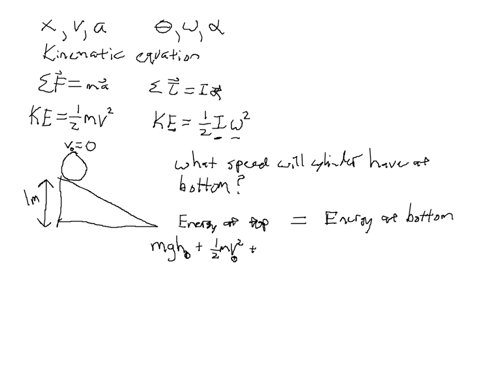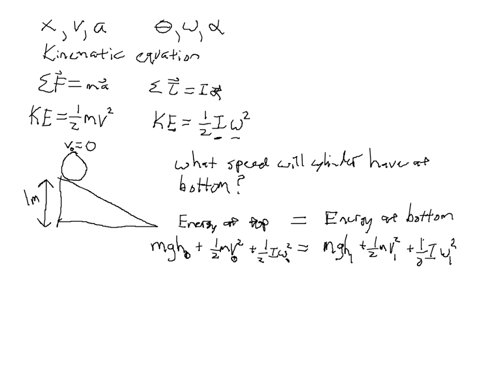Plus its rotational kinetic energy at the beginning, 1/2 I omega squared. That'd be omega 0. That must equal its potential energy at the bottom, plus its kinetic energy at the bottom, plus its rotational kinetic energy at the bottom.